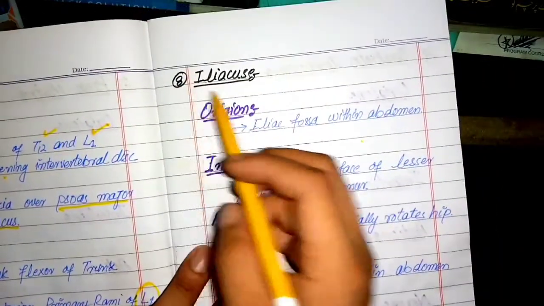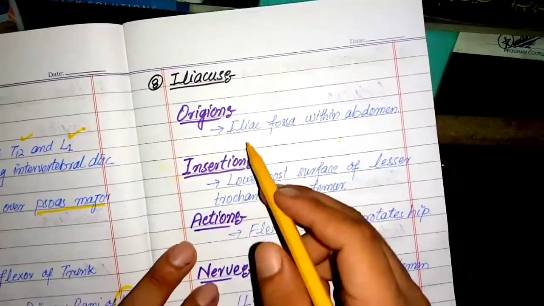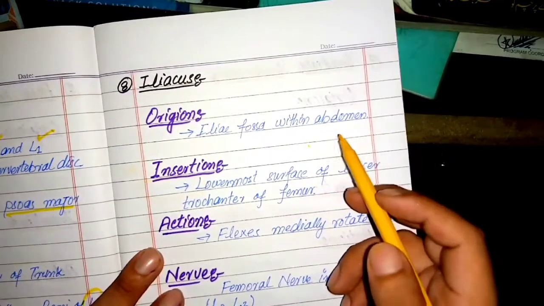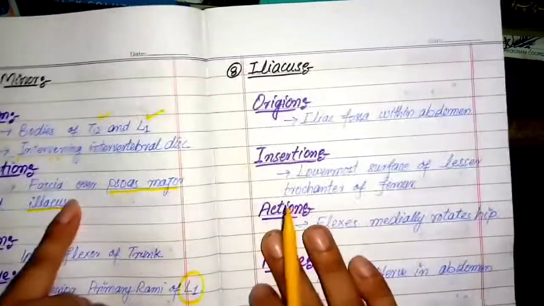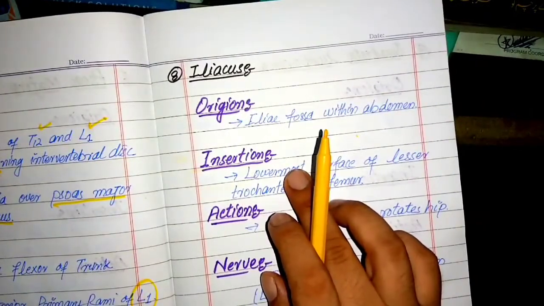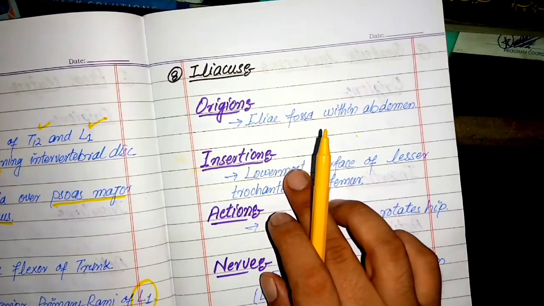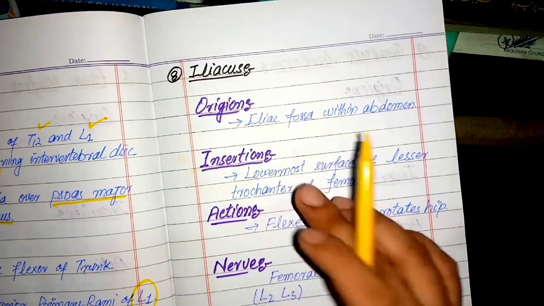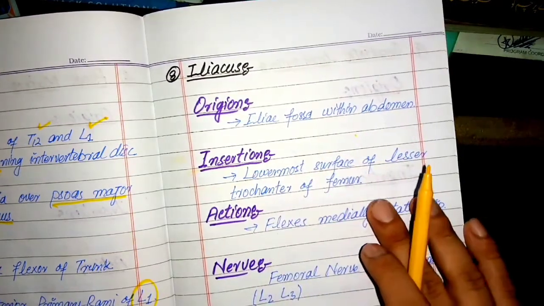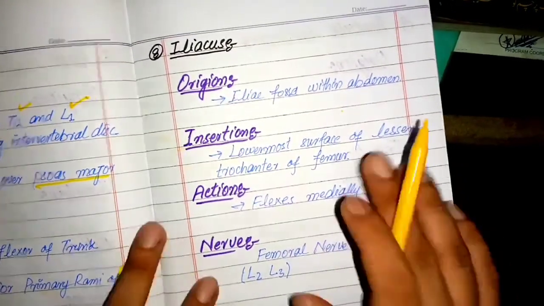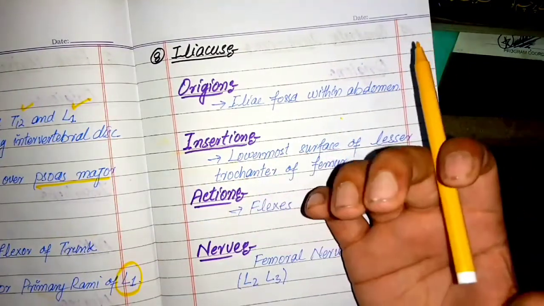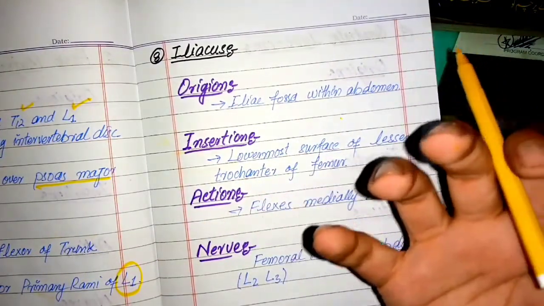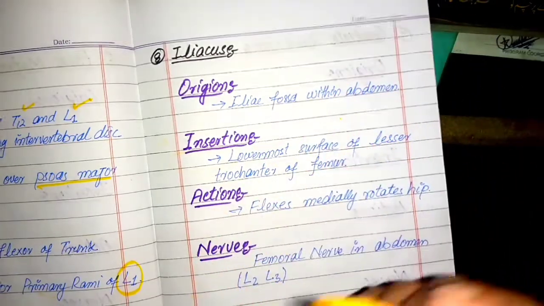Here is the third muscle, which is iliacus. Origin is the iliac fossa within the abdomen. I've talked about fascia and now fossa. So what is a fossa? The iliac fossa is the large, smooth, concave surface on the internal surface of the ilium bone.